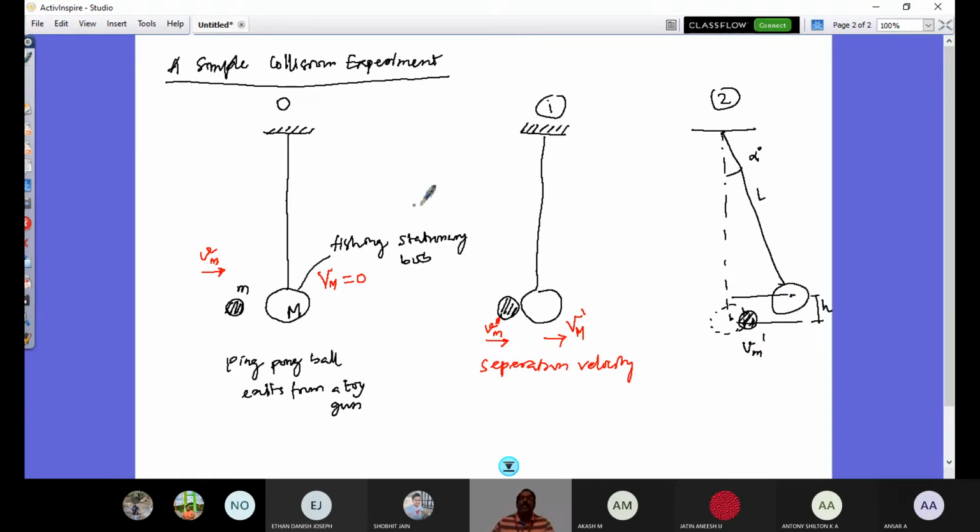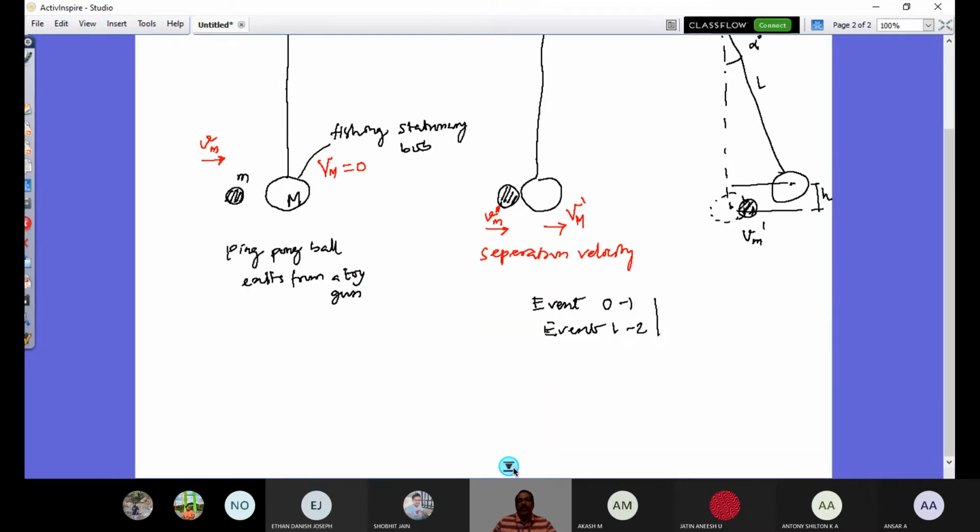So now I describe this experiment by event 0, 1, event 1, 2. Like that we are describing. So this impact is the smallest duration, right? So now the idea of this experiment is to get a closed form formula for the muzzle velocity.